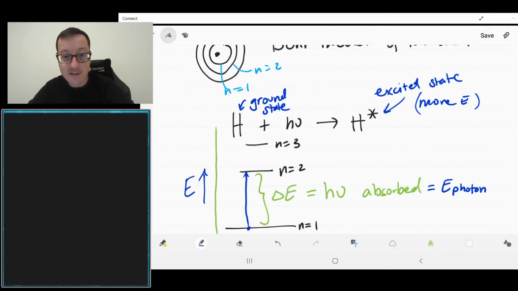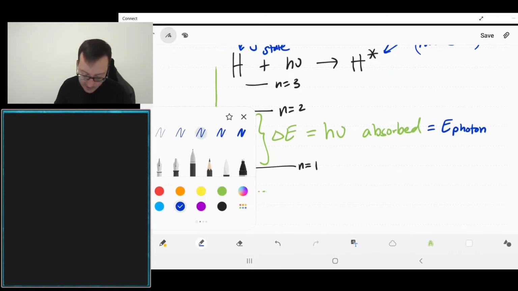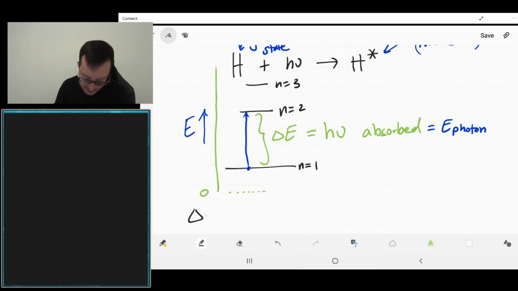And so it's going to be very useful for us to say, aha, well, this particular atom has absorbed this photon. We can see what the energy difference is. And we're going to see for all atoms that the difference of energy from 1 to 2 is always bigger than 2 to 3.